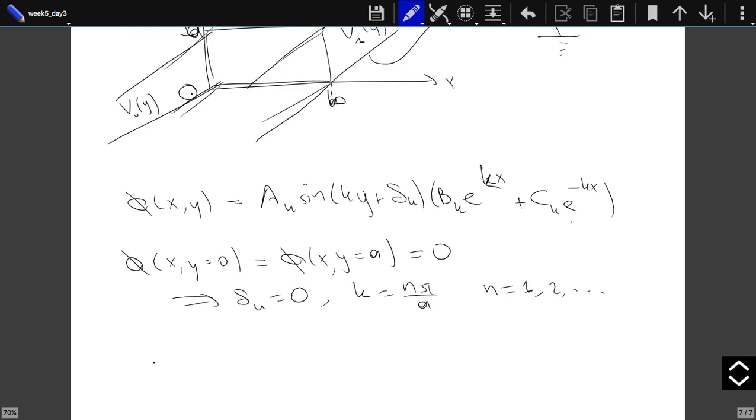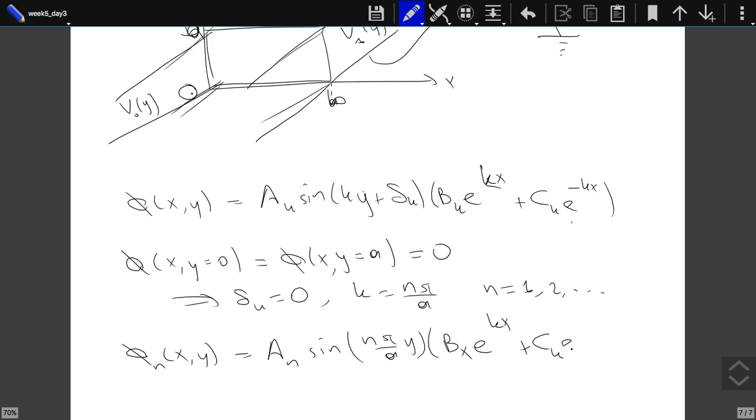So phi n of x, y will be a n sine n pi over a y times b k e to power kx plus c k e to power minus kx.